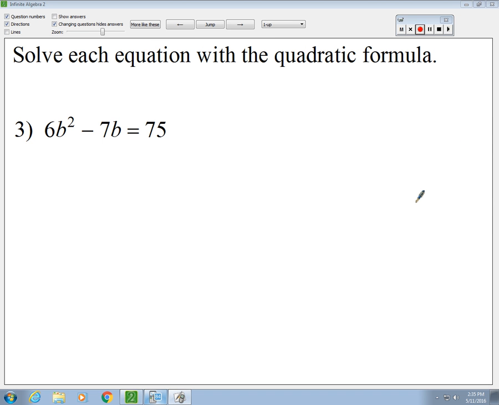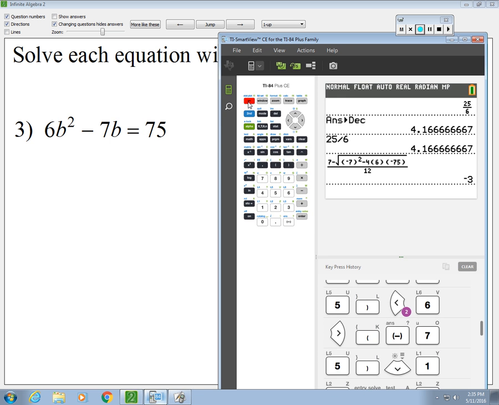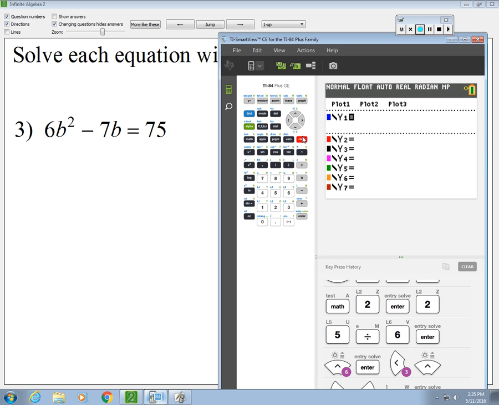Now, let me show you something that will be way easier, especially since it'll be multiple choice. If you can at least remember to subtract the 75 over so that everything's on the same side, then you can graph this, just like we've been doing with all the other problems. If you go to y equals, and you graph 6x squared minus 7x minus 75, look what happens.